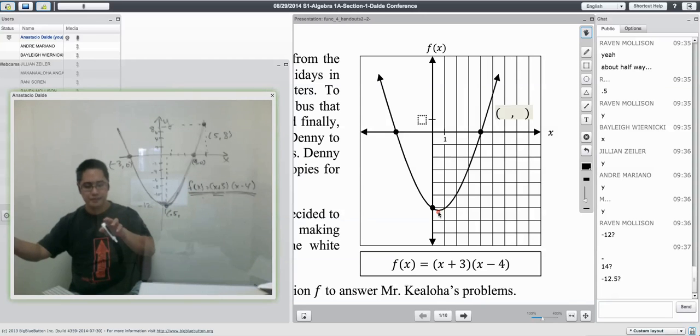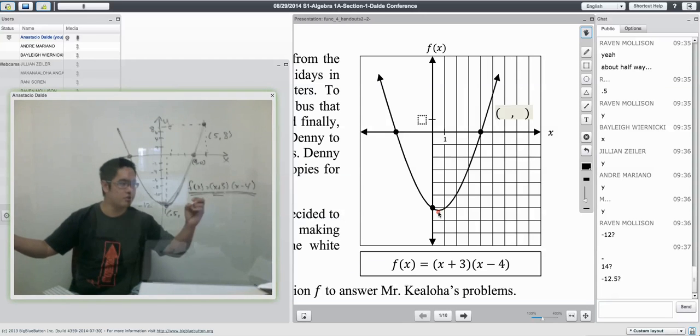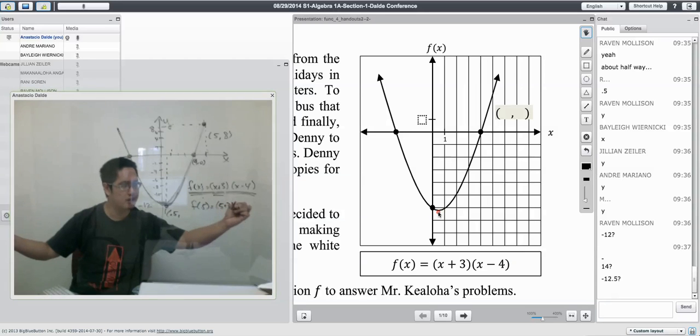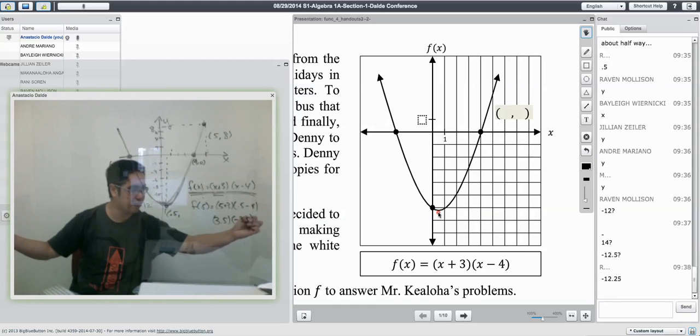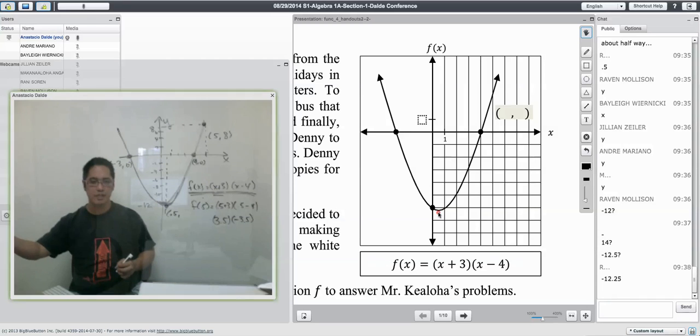Right? So what we'll do is we'll plug in 1/2 into here. So I've got f of 0.5 equals 0.5 plus 3 times 0.5 minus 4. This is 3.5 times 0.5 minus 4, which is negative 3.5. Someone got a calculator?